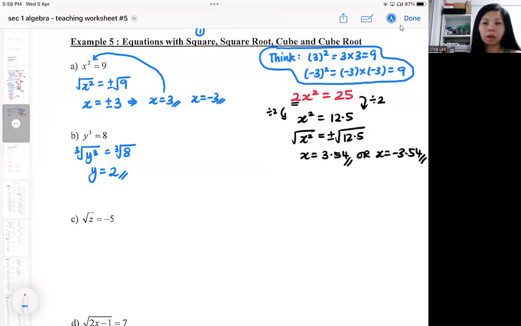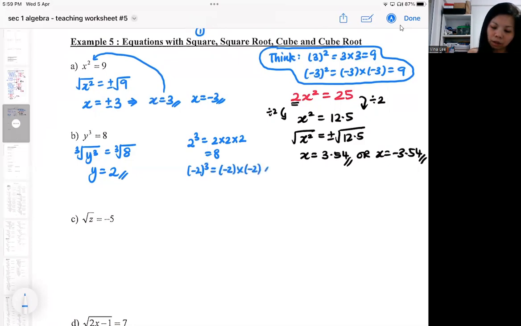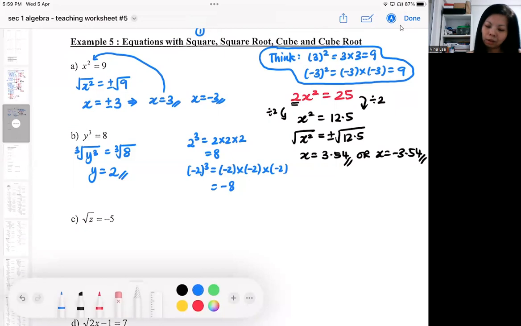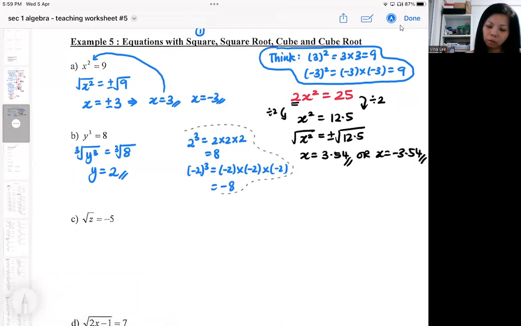If you take a cube root, there are no two possible answers. The reason is that if it's 2 cubed, you get a positive number, but if it's minus 2 cubed, you get a negative answer, minus 8. So the only way that you can get y cubed equal to 8 is y equal to 2. Taking cube root doesn't have two possible answers, only square root does.